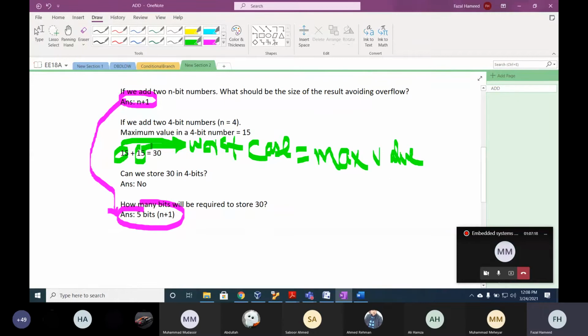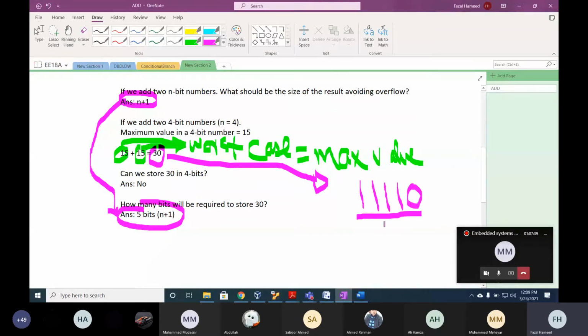So when you reach the maximum value, the result is now 30. Can we store 30 in 4 bits? No, you cannot store 30 in 4 bits. At least 5 bits are required to store 30. The representation of 30 in binary is 1, 1, 1, 1, 0.